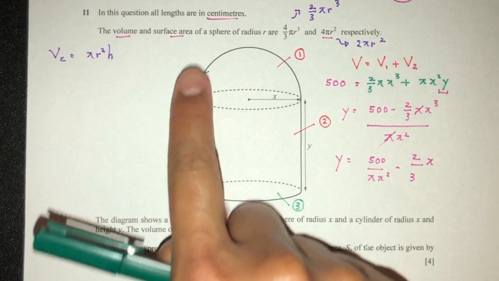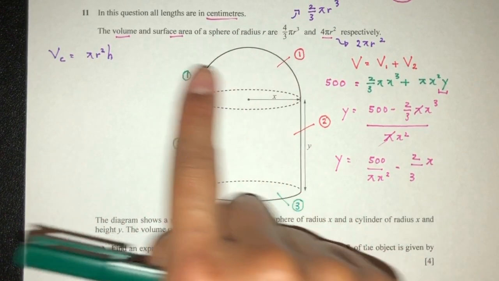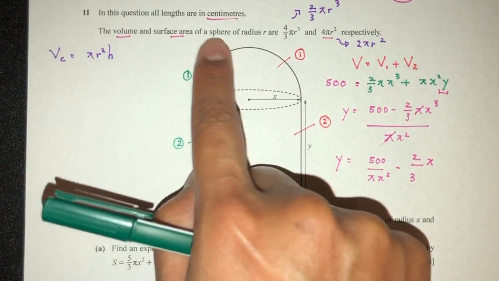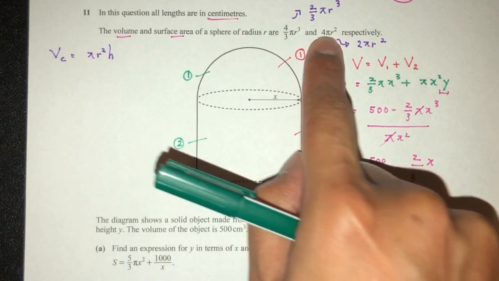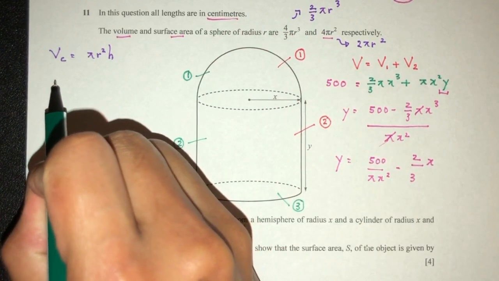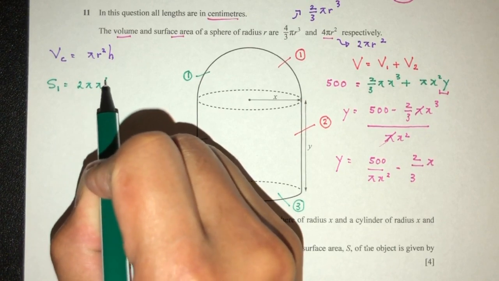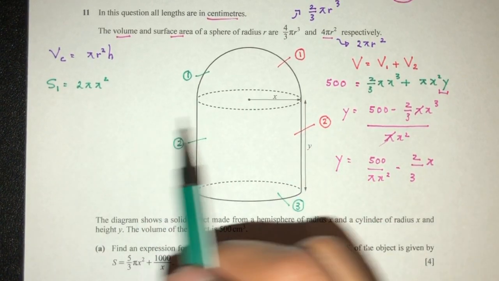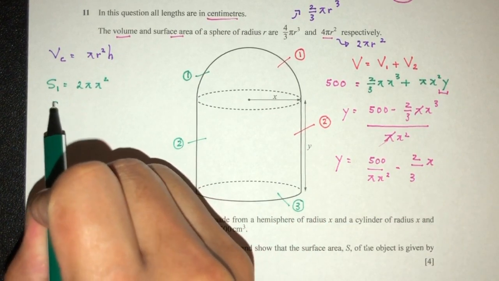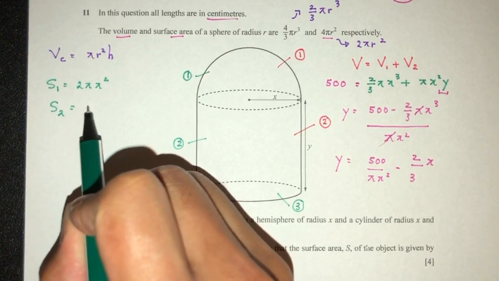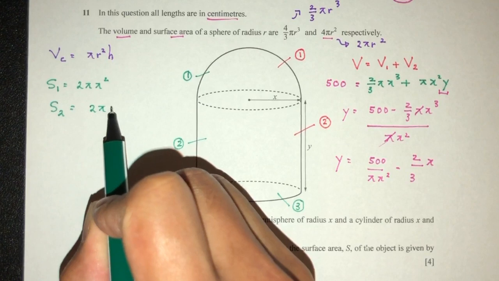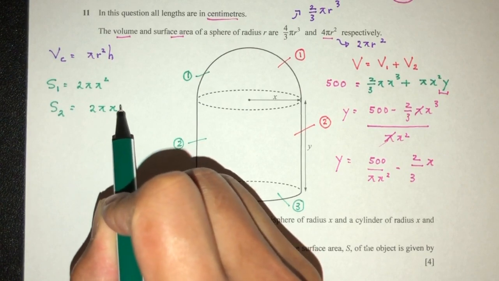So how would you find the curved surface area of this hemisphere? As you can see, the surface area of the sphere is this one. The hemisphere will be half. So number one will be 2 pi x squared. Now the curved surface area, pretty easy as well. We have to know this formula, which is 2 pi r h, where r is x and h is y.